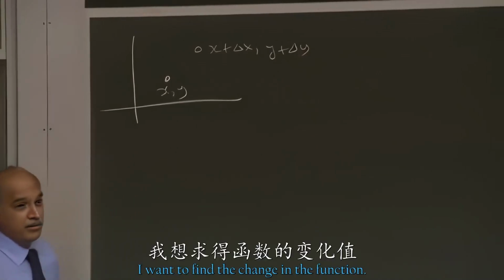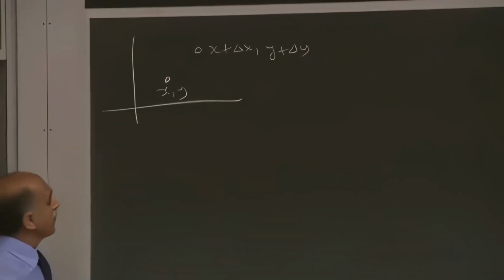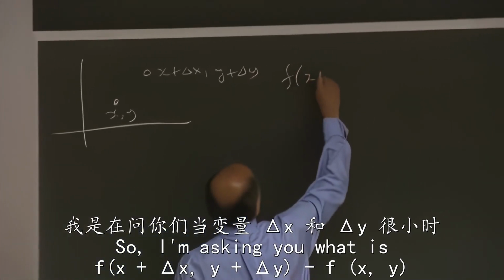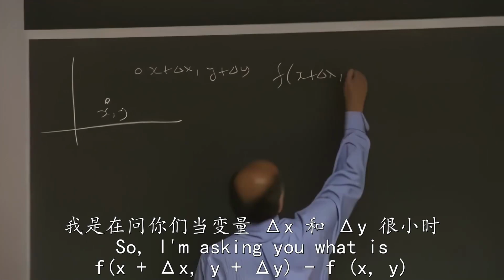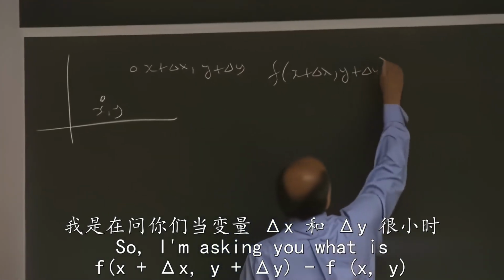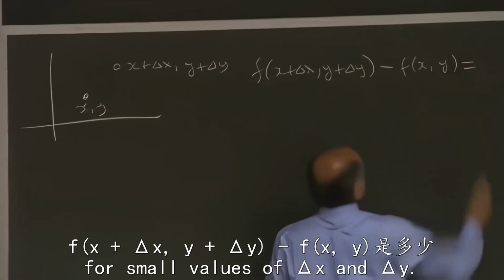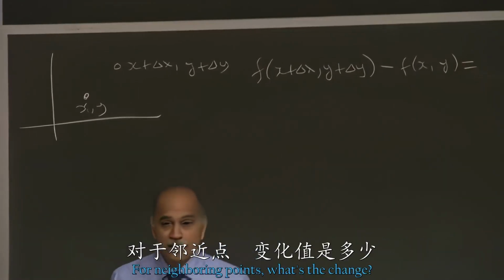I want to find the change in the function. So I'm asking you, what is f of x plus delta x, y plus delta y minus f of x, y for small values of delta x and delta y? For the neighboring points, what's the change?